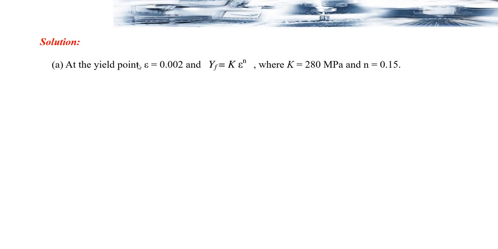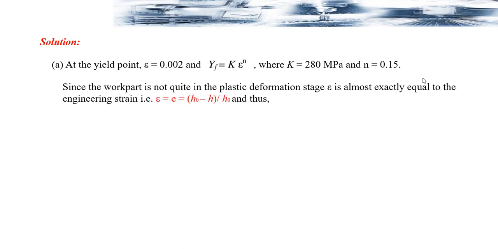So at the yield point, the strain is given as 0.002, and the YF can be calculated, which is equal to K multiplied by the strain to the power n. K is 280 and n is 0.15, so I can definitely find the YF.